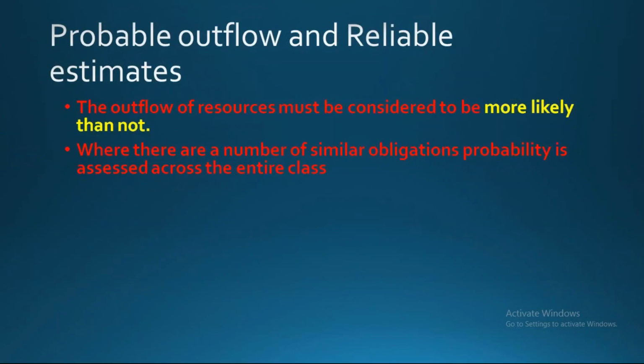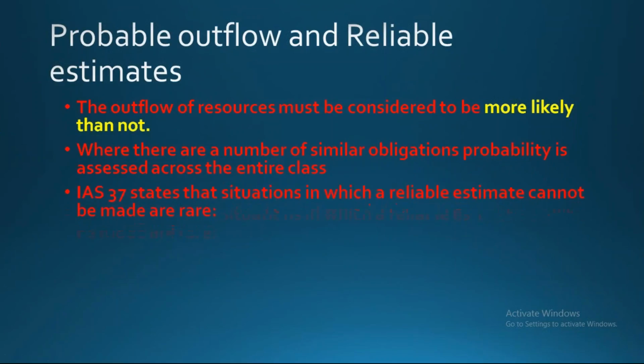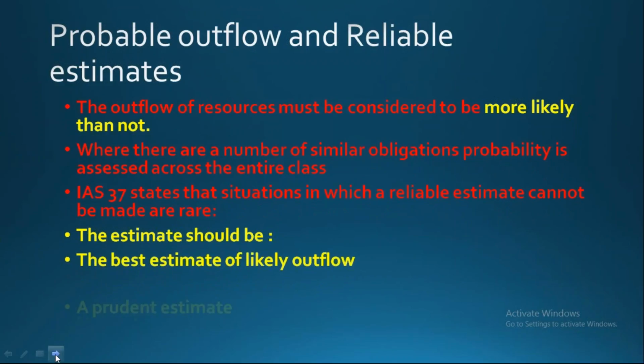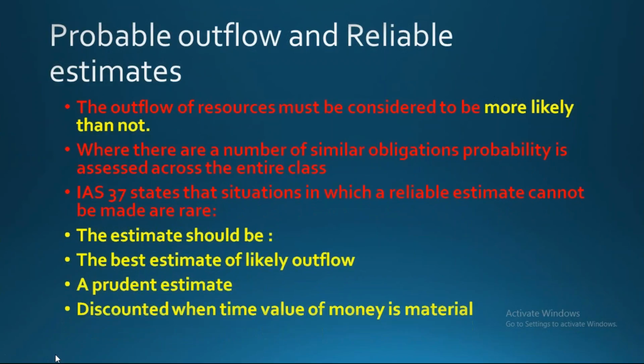That means more than 50% likely. So IAS 37 goes to great extent to say when a reliable estimate cannot be made. The estimate should be the best estimate, a prudent estimate, discounted when the time value of money is material. If you are going to pay it in 3 years, 6 years' time, then you have to discount that liability to today's present value and provide it.